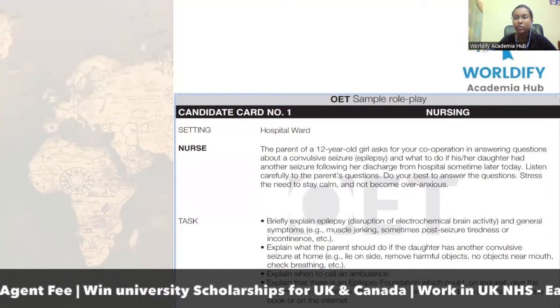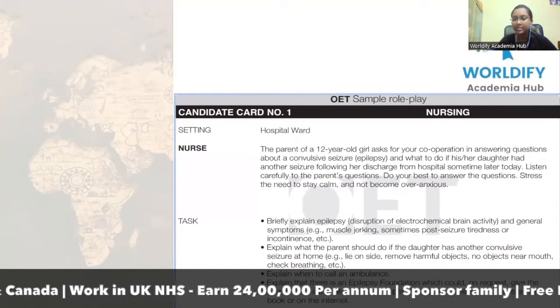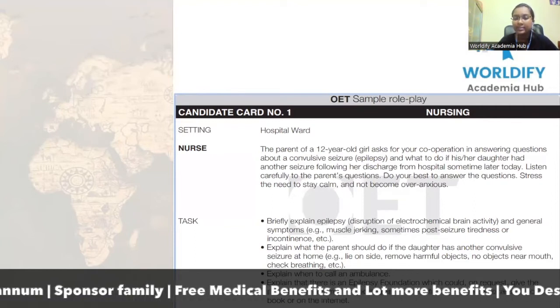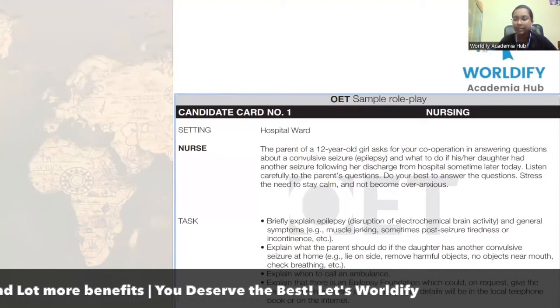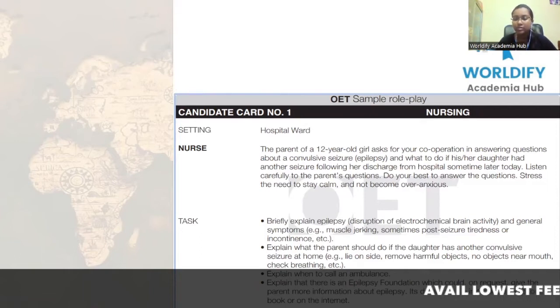So you'll be doing it as a nurse, and you will have an interlocutor. We don't call them examiners here, we call them interlocutors. So the interlocutor will be sitting exactly opposite to you in the examination. They will take up the role as a patient or a caretaker, and you will be doing the role play as a nurse. Fine. So this way we'll be having 2 role plays that we are supposed to do.